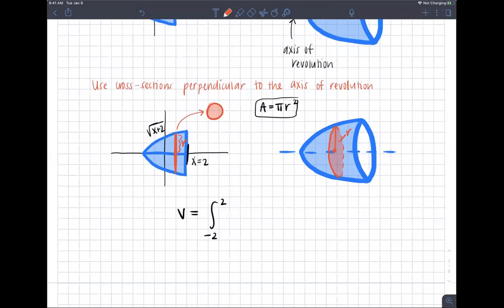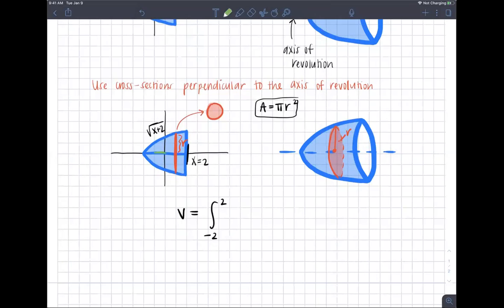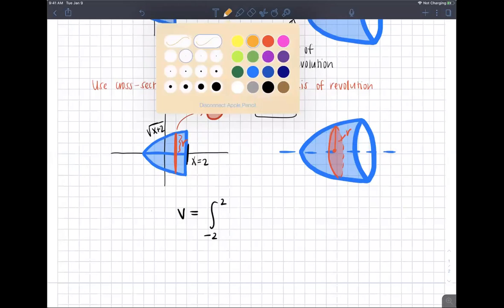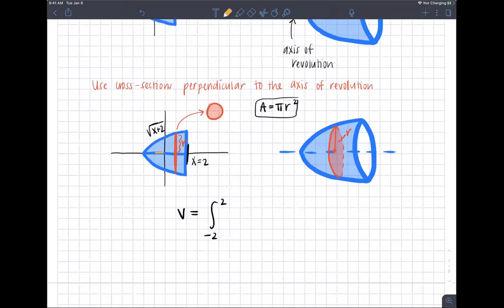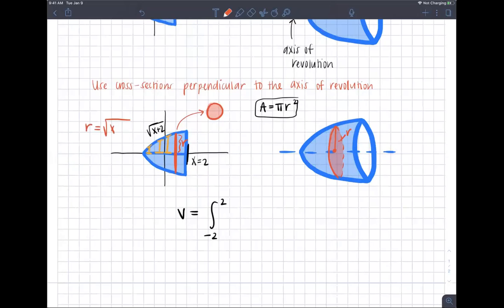If you look at the height from the x-axis up to here, at any given point, what is that radius given by? The square root of x plus 2, right? So here, r is equal to the square root of x plus 2.